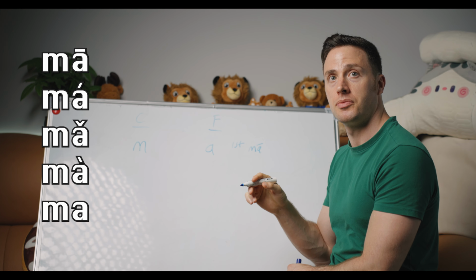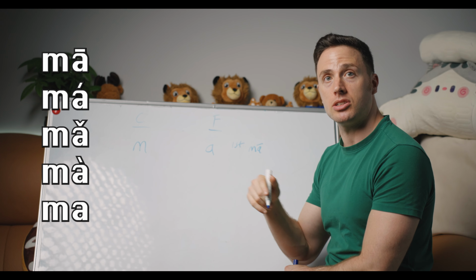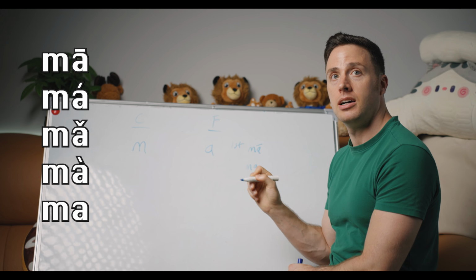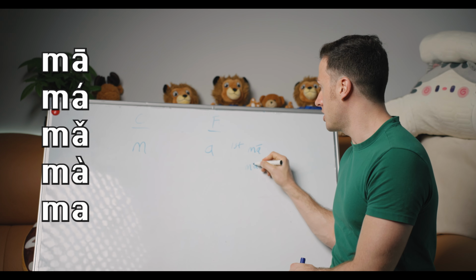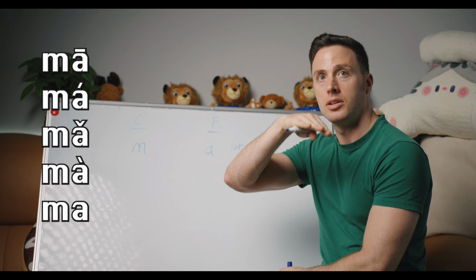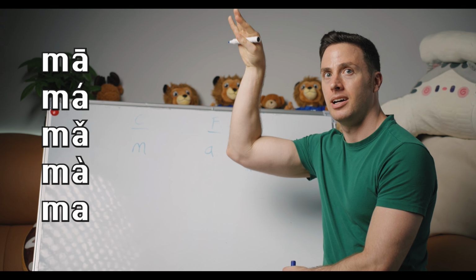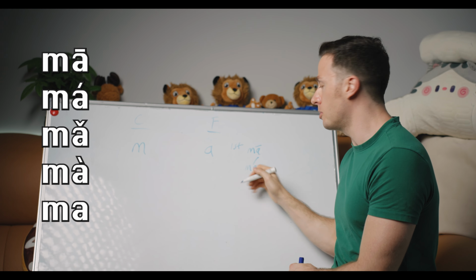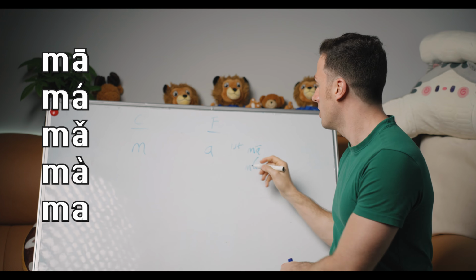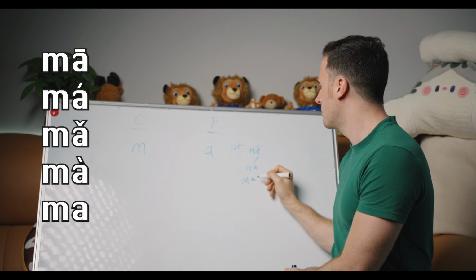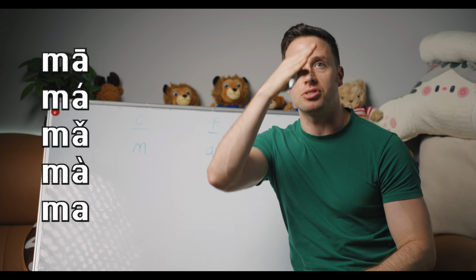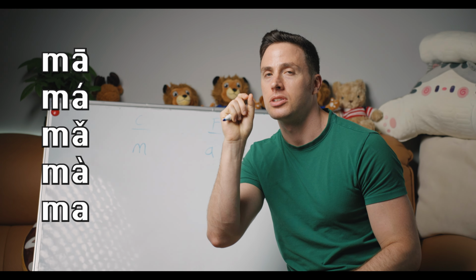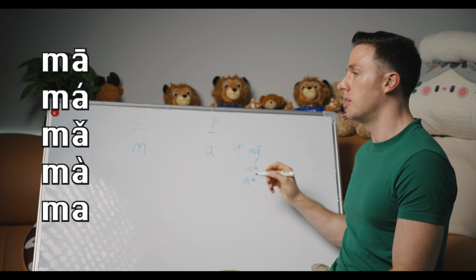So here's first tone. Now let's try this with the second tone. So we have m, a. Let's do second tone. Ma. Remember, it's a question, ma. Now let's try the third one. Remember, this is the one that goes like down and you get that feeling right here in your throat, and then it goes up just a little bit. Third tone. So we have ma.